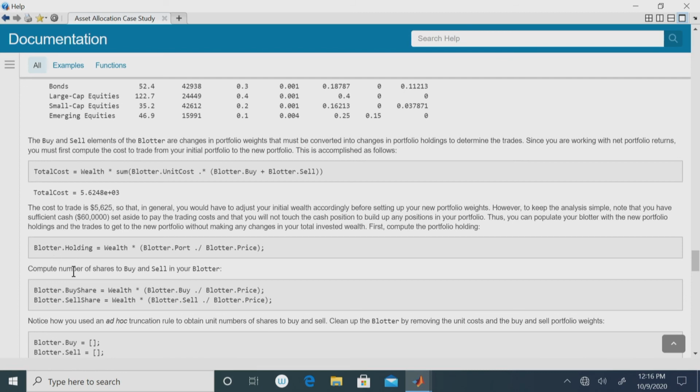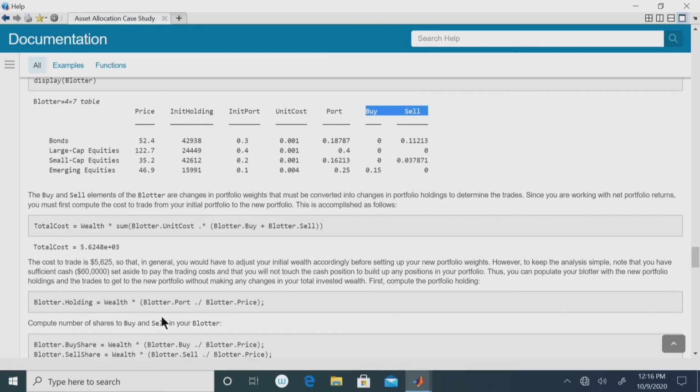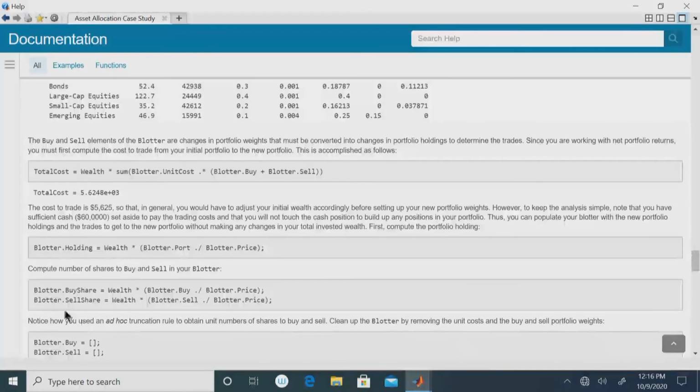So, the blotter holding is given by the blotter portfolio. The blotter port is this column, which is the new portfolio divided by the blotter price into the wealth. So, basically you find out what is going to be the blotter holding, and the blotter buy share.